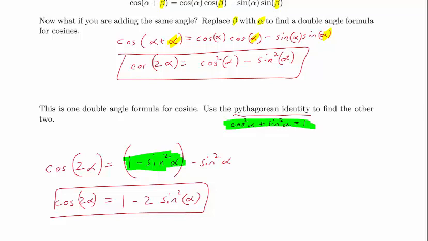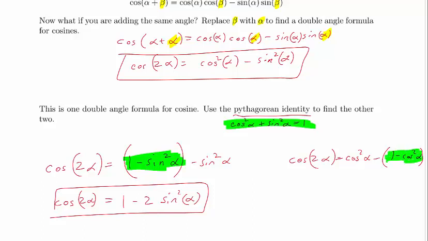Okay, there is our second one. Now for the third one, again we have cosine 2 alpha. We're going back to this equation here: cosine 2 alpha equals cosine squared alpha minus, and now we put in 1 minus cosine squared alpha, which replaces sine squared. There's our substitution.